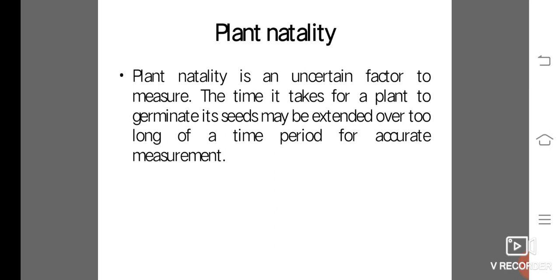The factors that make it difficult to measure are seed production of individual plants varying year to year. Seed production will also vary age class to age class. The seeds will become dormant for long periods of time before germinating. These are the factors which make it difficult to measure the plant natality.